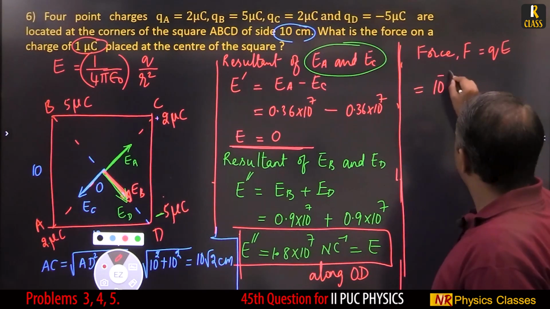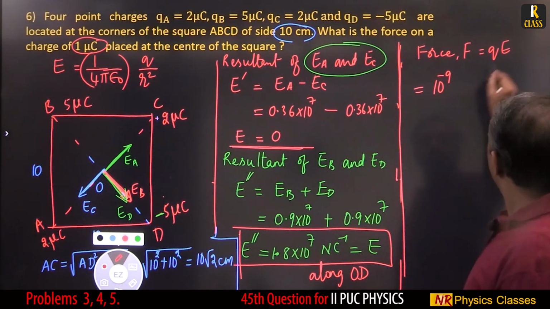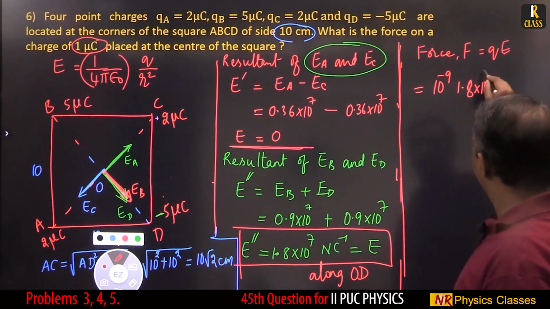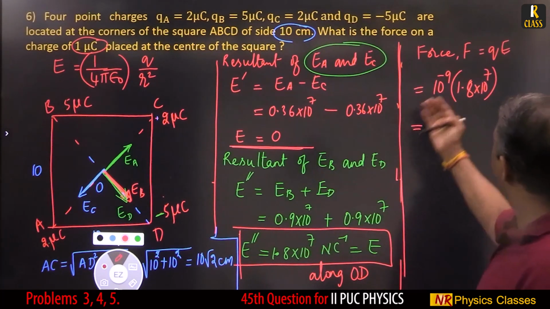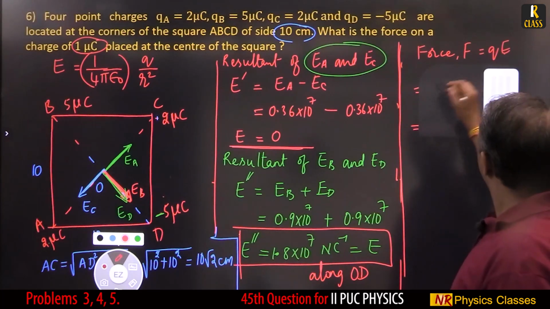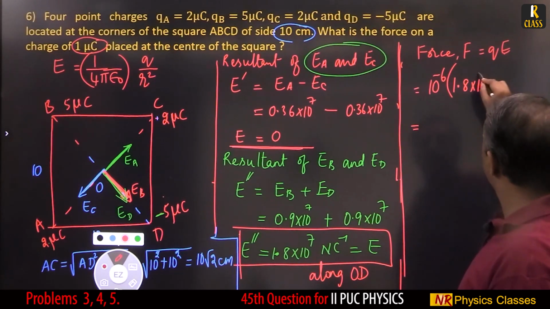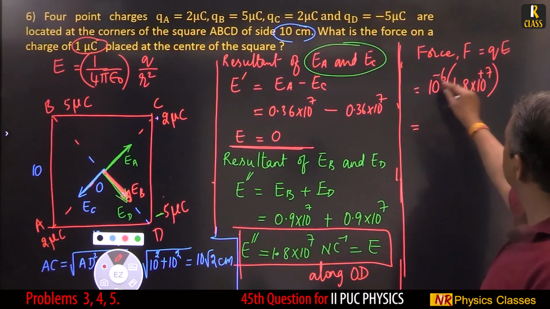The electric field is 1.8 × 10^7. Micro is 10^-6. 7 minus 6 is 1.